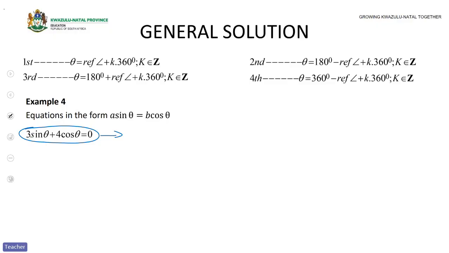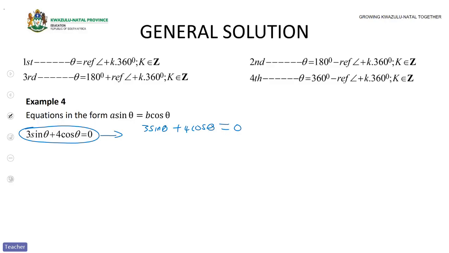But here we can divide by cos on both sides so that we change into a single trigonometric ratio, because we have two different things here. We have 3 sine theta plus 4 cos theta equals 0.